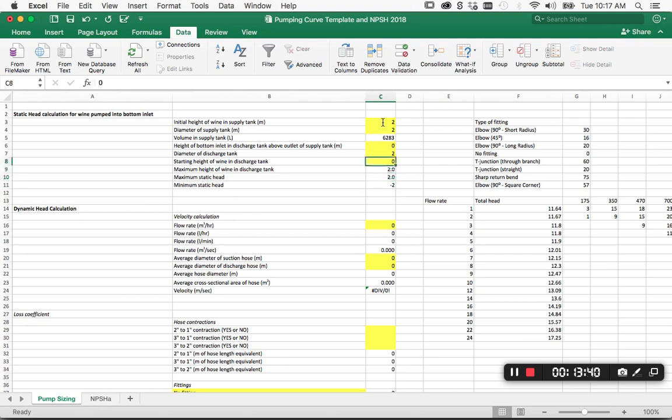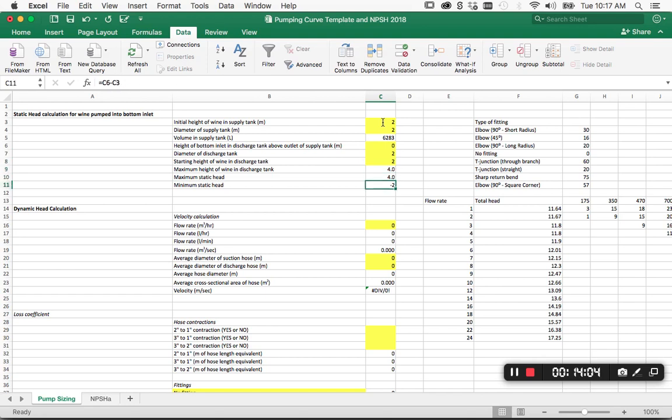Starting height of wine in discharge tank, let's say it starts at 2 meters, so this is our second pump in, and boom, maximum static head now is 4 meters. So it's actually calculated that for us, which is lovely. What if we put a 4 in there? That won't work.